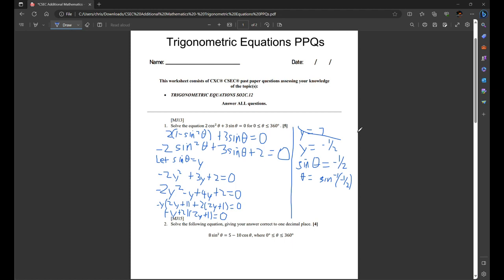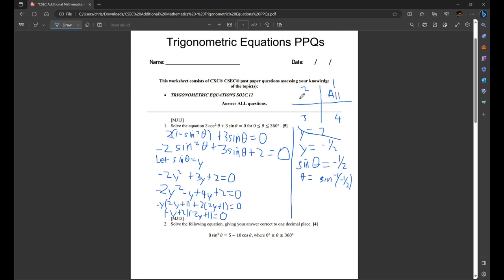Actually, let's just draw out a little grid up here that can help you. So this is quadrant 1, this is quadrant 2, this is quadrant 3, and this is quadrant 4. All are positive over here, so I'm just going to write all.